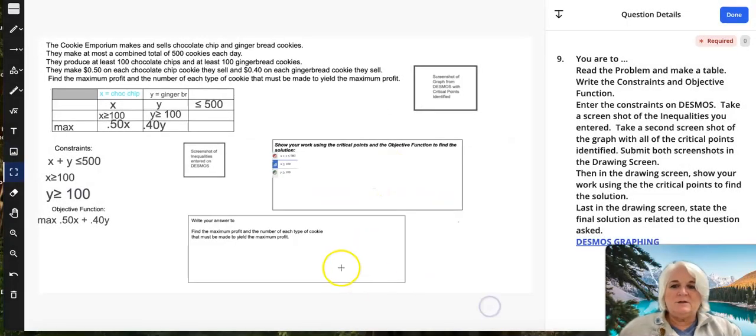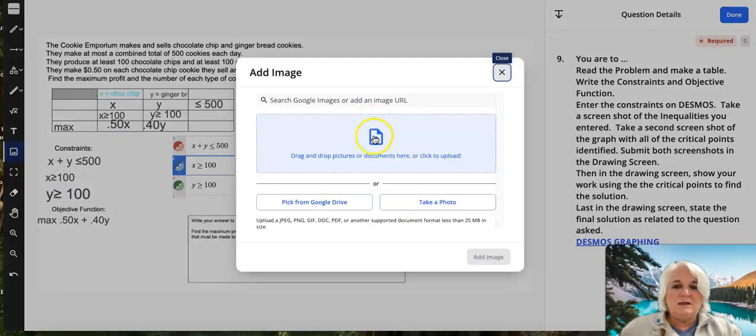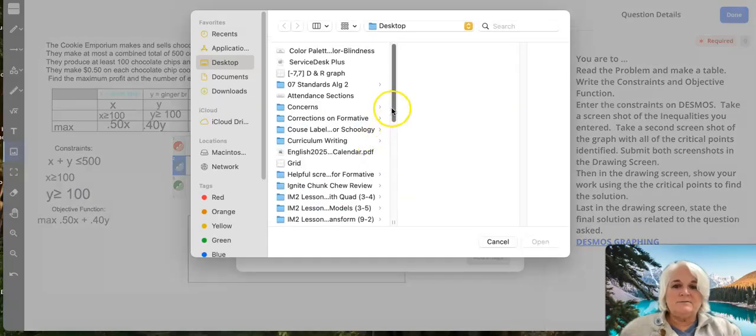Add the image, put the image on here, and I'm going to expand it a little bit so I can see it much better. There we go. And then I need the graphs, so image and my graphs.